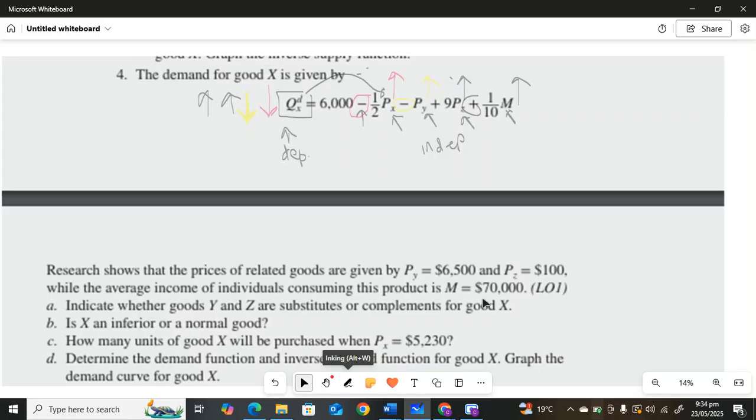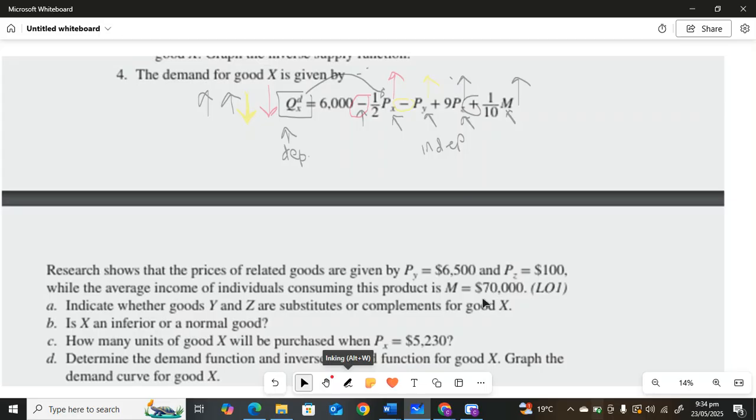So, what is a substitute good and what's a complementary good, from your understanding? Yes, a substitute is a good that you can replace with another good.